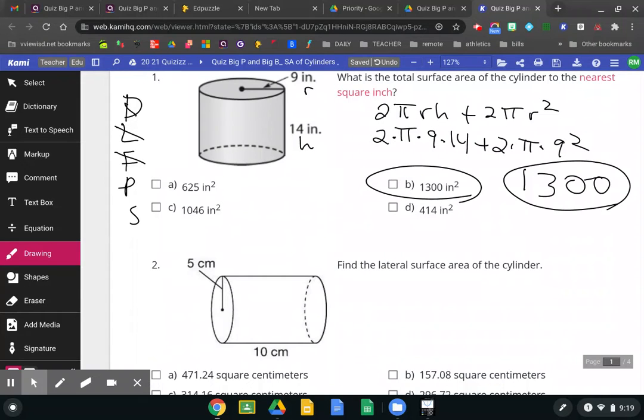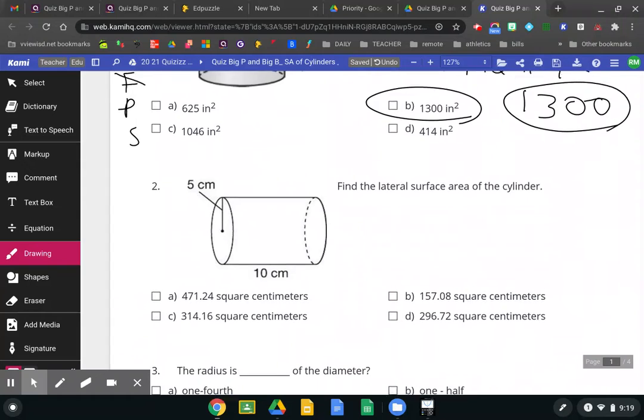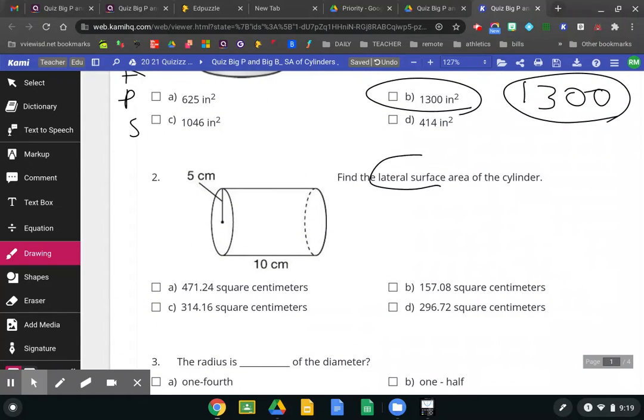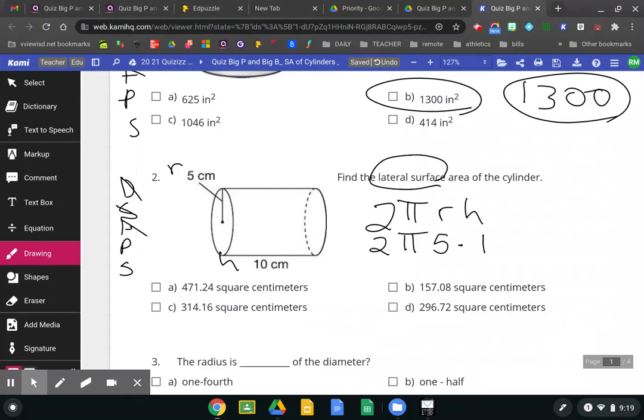All right, let's go to number 2. It says find the lateral area. Formula: 2 pi rh. Draw, label, formula, plug in, show your work. The drawing's already done. Label: there's your radius, and that's your height. I'm ready to plug in: 2 pi times 5 times 10.